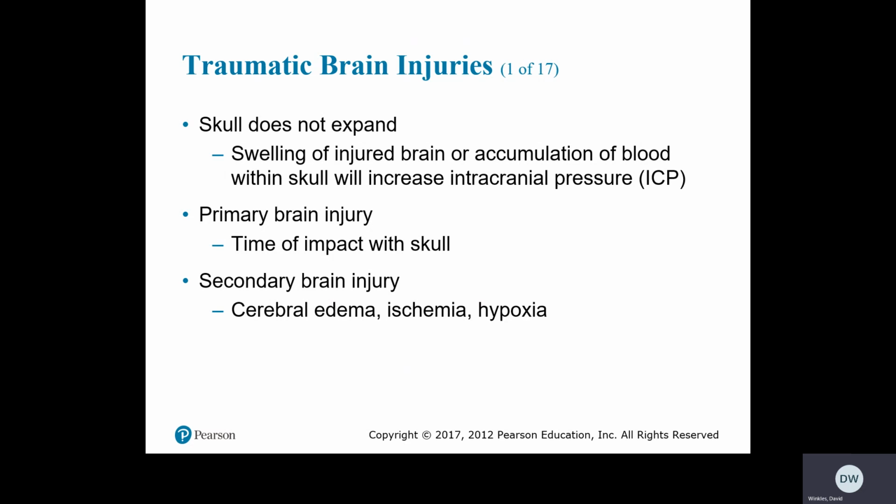We can have a primary brain injury, which is the actual time of the impact of the skull. That is when they get hit, when that injury occurs. A secondary brain injury is going to be a result of swelling and increased intracranial pressure or bleeding or anything else that goes on as a result of that primary injury. So we're concerned about the ischemia, the hypoxia, and the cerebral edema.